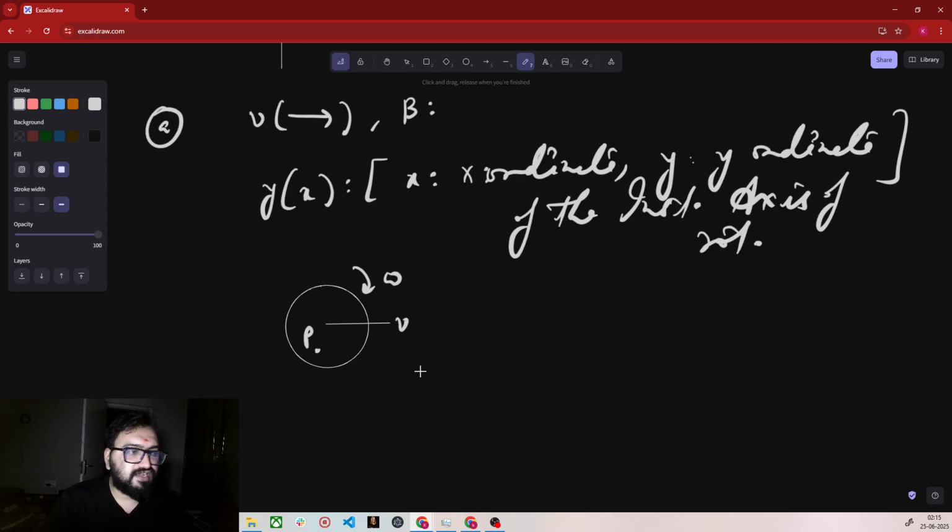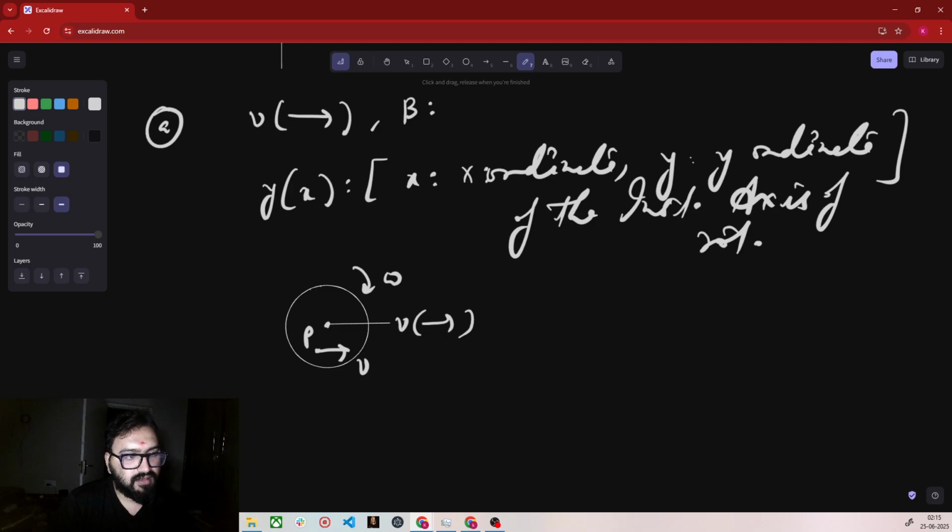The translational component of the velocity would be the same as the velocity of the axis of this rolling body, which in this case is equal to v, along this direction. The second one would be the rotational component, given by omega cross r.